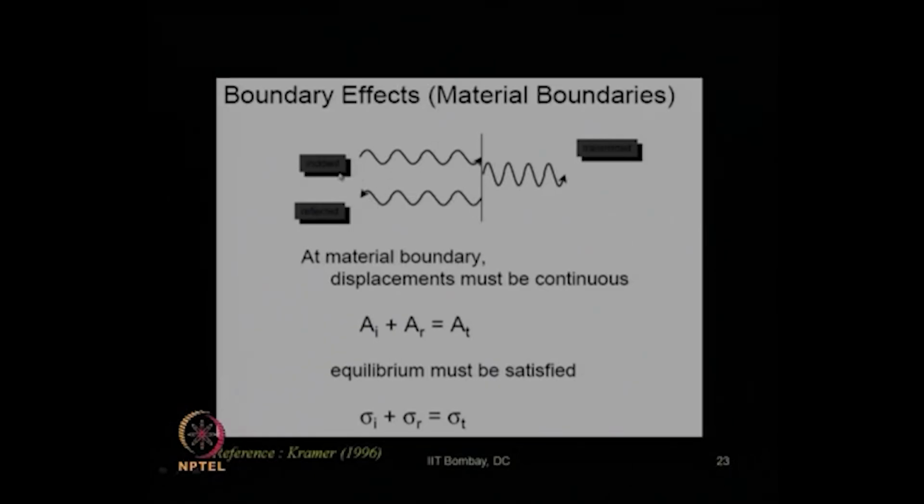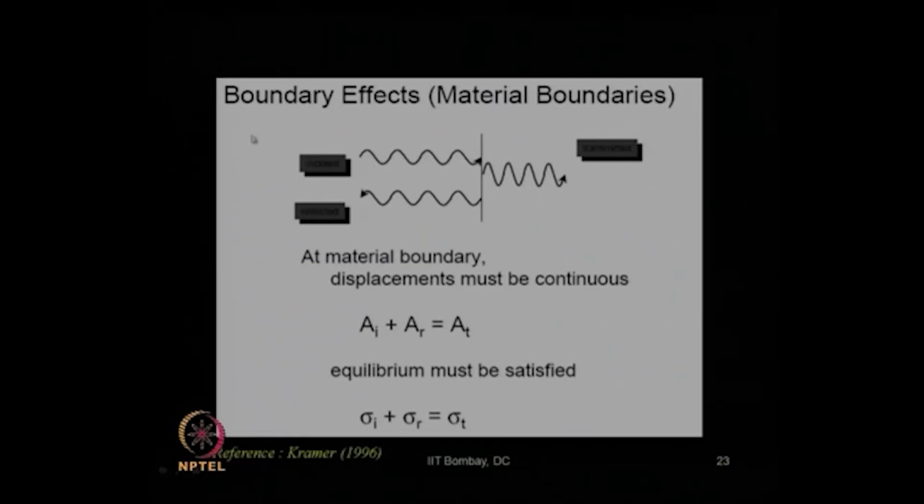What happens to the wave? This is the original wave which we call the incident wave. Suppose this incident wave is coming from material 1, and when it hits the boundary of the two materials, some of the wave will get transmitted into the second material, and some of it will get reflected back into the old material or same material.